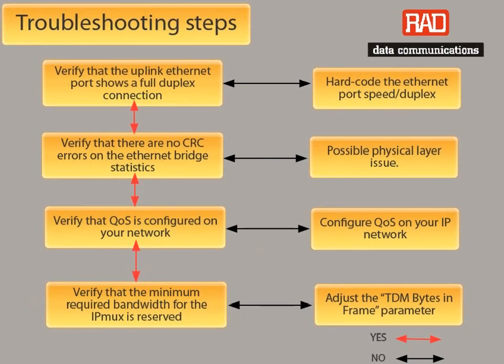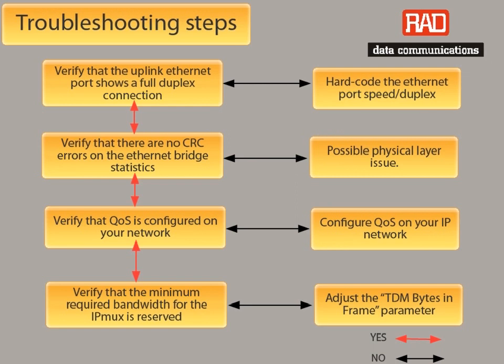RAD's recommendations for mitigating sequence errors include ensuring that IPmux traffic has sufficient bandwidth guaranteed end-to-end along the traffic path, and ensuring that the IP network provides priority to the IPmux traffic. When troubleshooting sequence errors, check the Ethernet bridge statistics to verify that there are no collisions or increasing CRC errors.